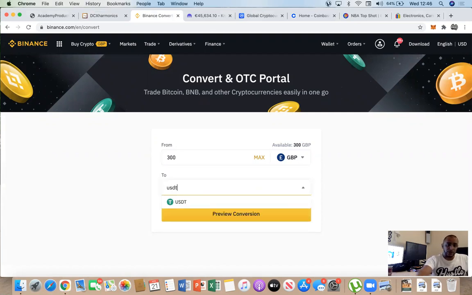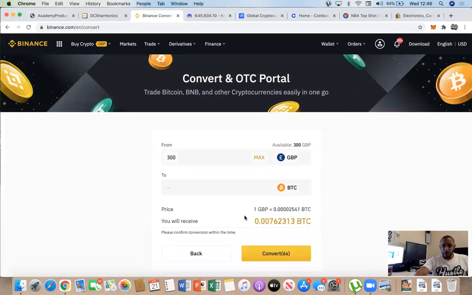Now, guys, you can convert it to Bitcoin. So if you wanted to buy a Bitcoin via your pound, you can do that very simply just here, right? So if I wanted to buy £300 of Bitcoin and I press preview conversion, I would receive 0.0076231 of a Bitcoin, because we all know right now Bitcoin is around $55,000 for one, right?